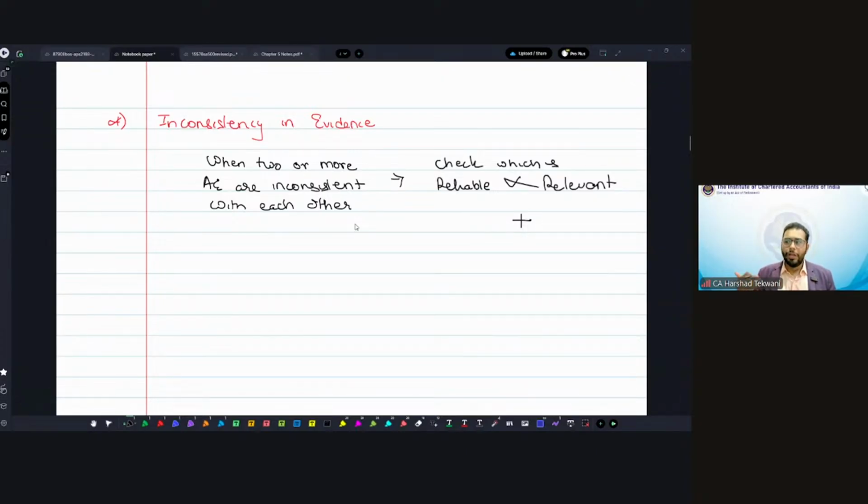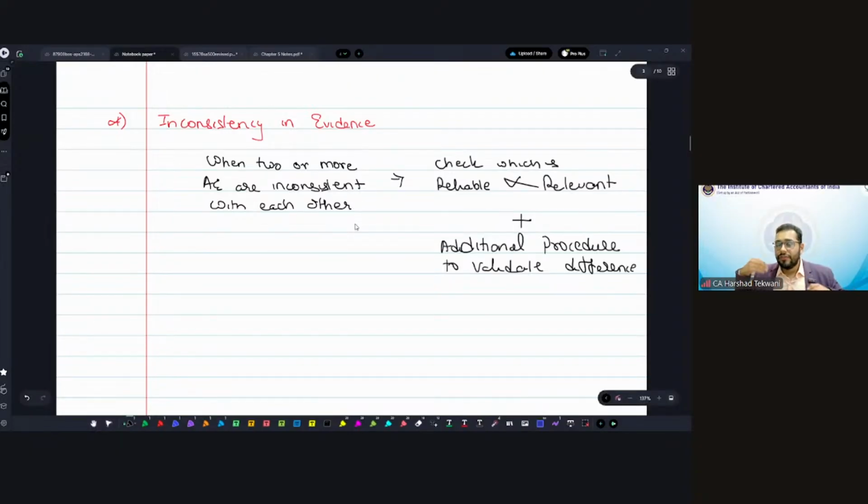So at that point in time, one, I will rely on the debtor's confirmation. Number two, I will perform additional procedures to validate the difference. That means I will see which invoices make up the difference between 15 and 10.